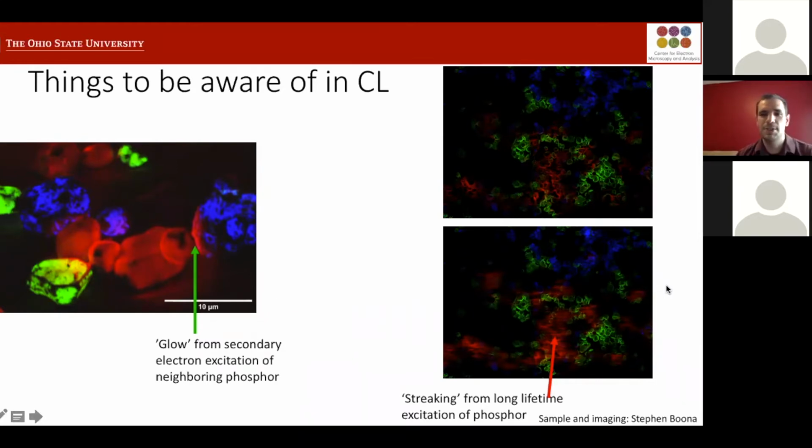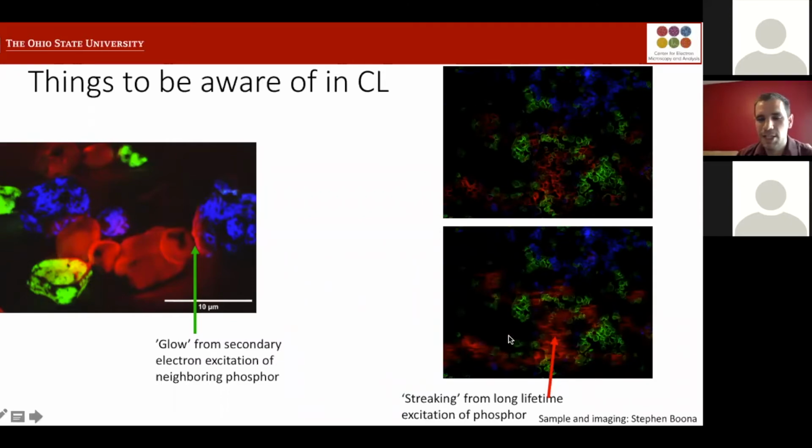And also, as I mentioned before, each transition has a finite lifetime to it. So if you're looking at this image, it's nice, it doesn't streak at all. It was probably about 30 or so microsecond dwell time at high pixel counts.